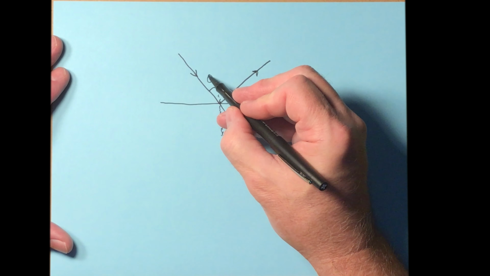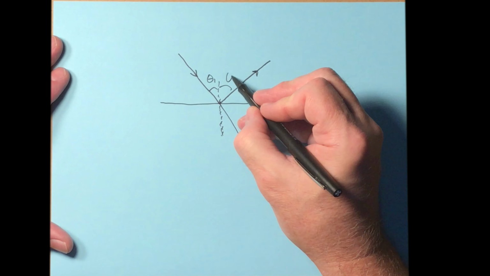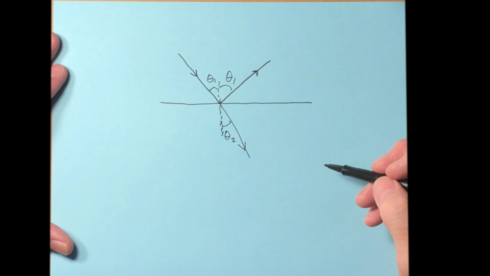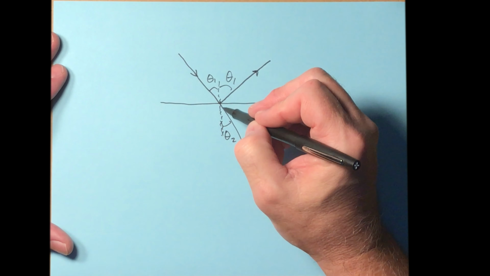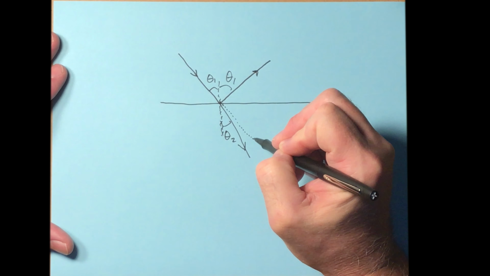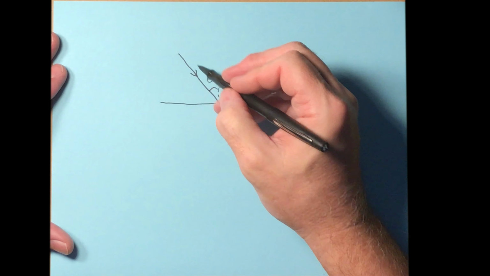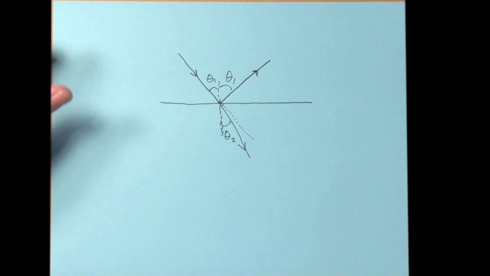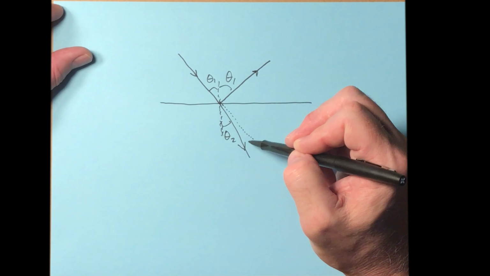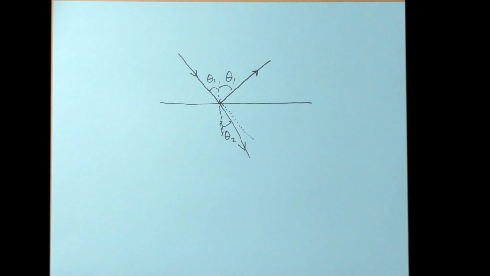So we have a theta 1 here. This angle over here will also be theta 1, and this angle down here will be theta 2. All right. Now don't let this confuse you. I know my drawings are not great, but that dashed line represents the straight line if it were to go straight through. So you have reflection and refraction that typically occur together.